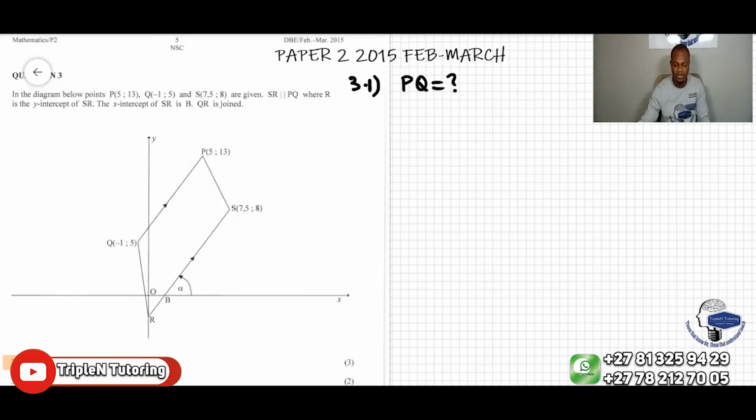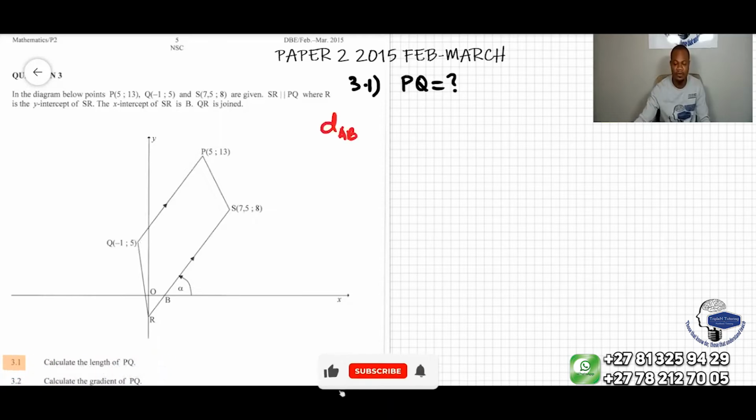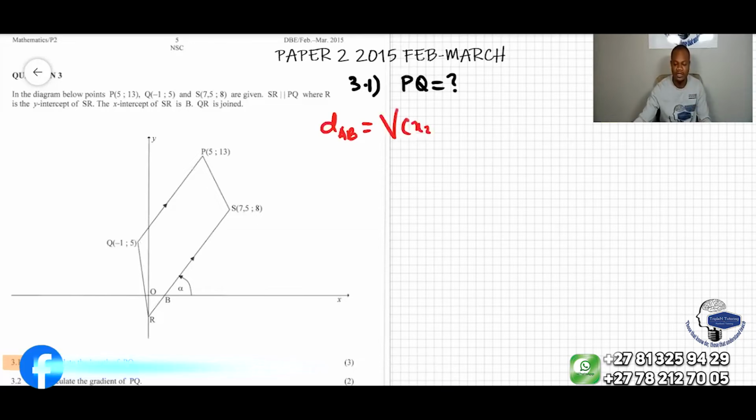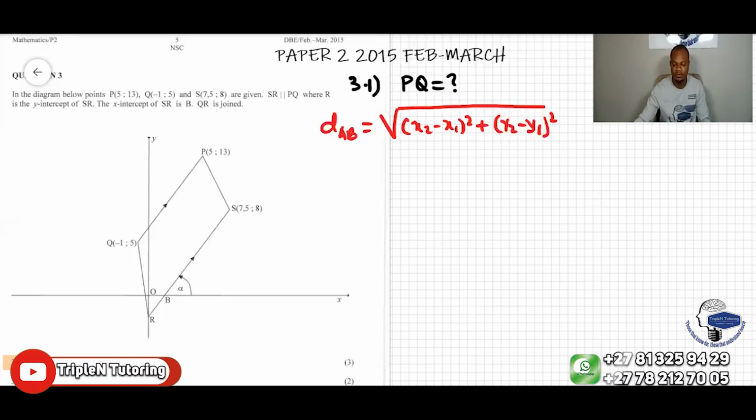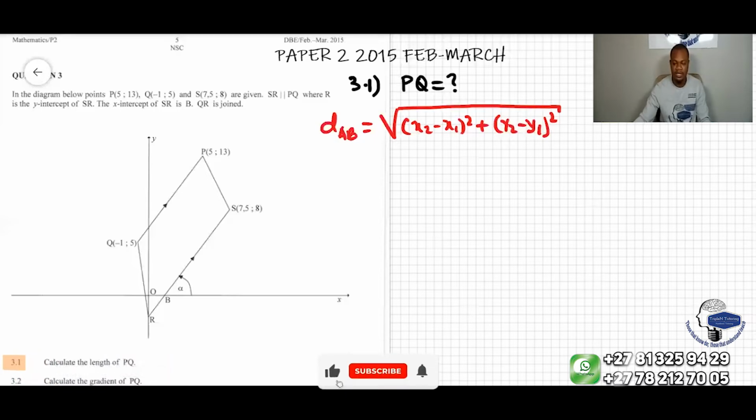So on the right here, the distance between points A and B is given by the square root of (x2 minus x1) to the power of 2, plus (y2 minus y1) to the power of 2. That's the distance formula. Now, we can calculate PQ by substituting the values of the points.